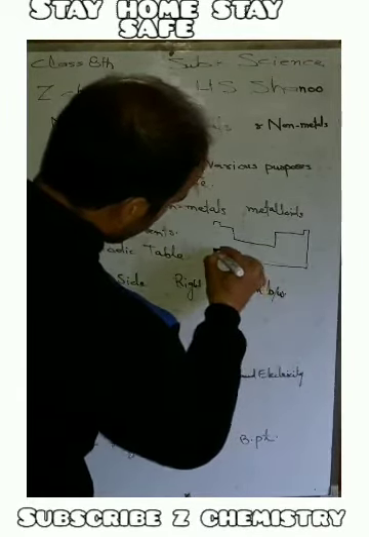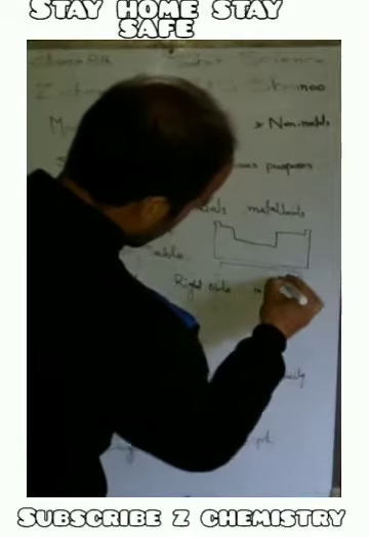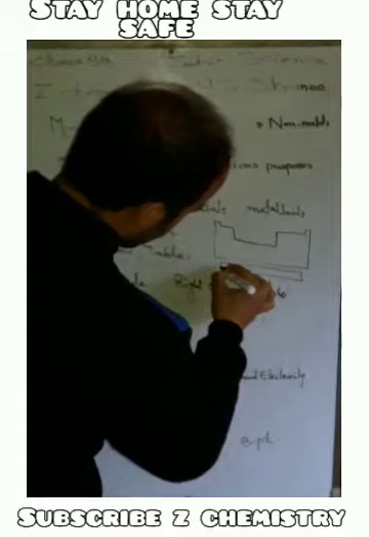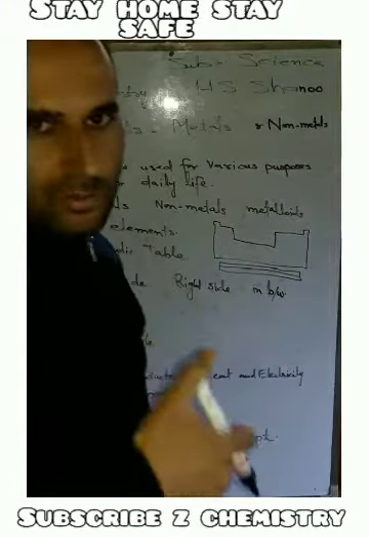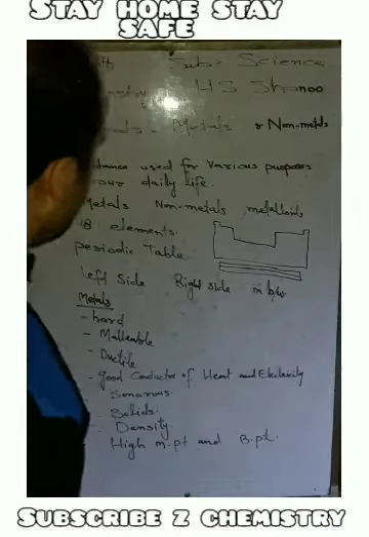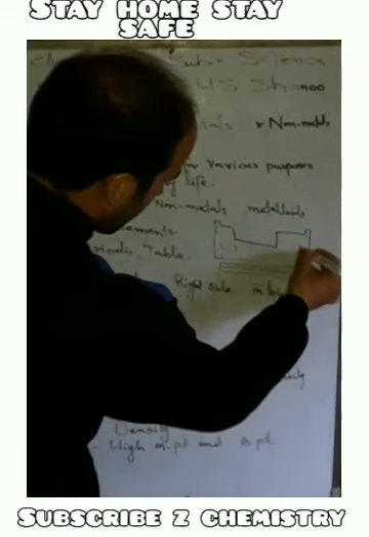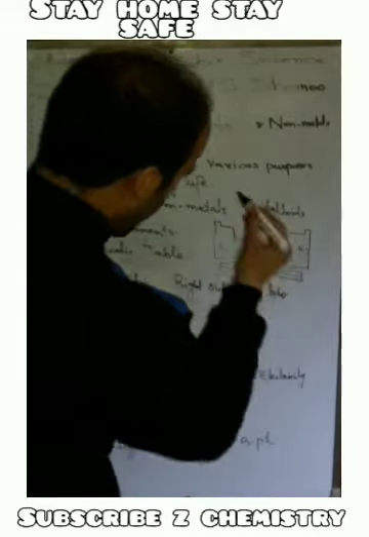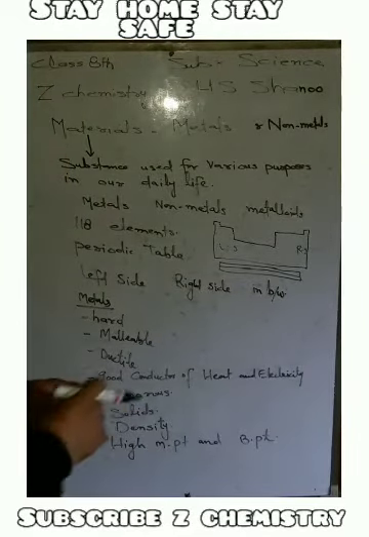This is how it looks, and there is another class of elements which are present at the foot, or at the bottom, of this particular table. This is the left side of the periodic table. This is the right side of the periodic table, and the left and right sides are separated by another class of elements that I will ask you about later on.